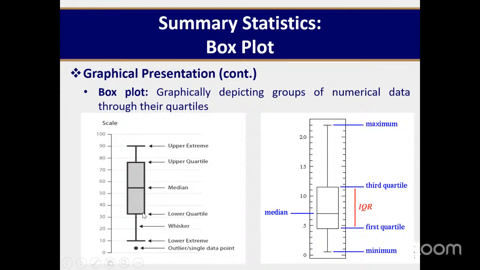You have a lower quartile and upper quartile, then the whiskers, the lower extreme, and then you have the outliers. Between the first quartile and the third quartile is what we call the interquartile range.